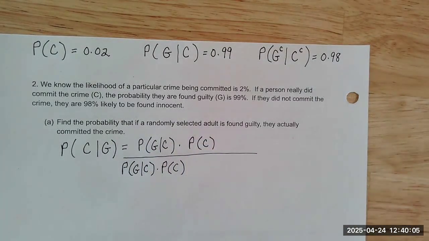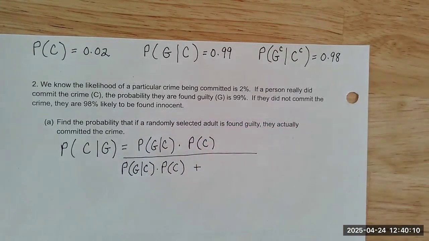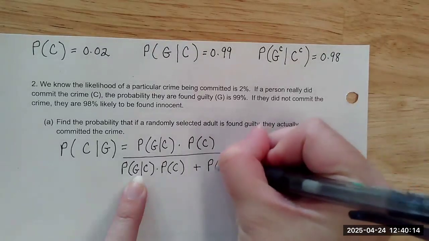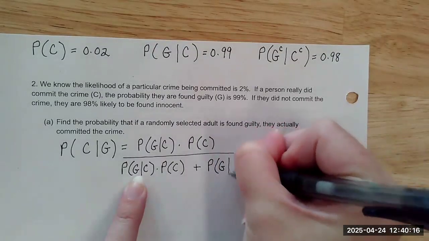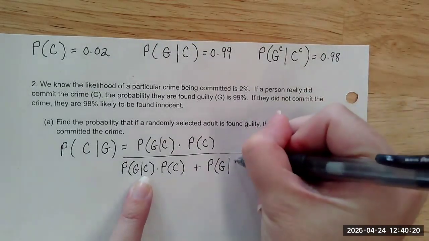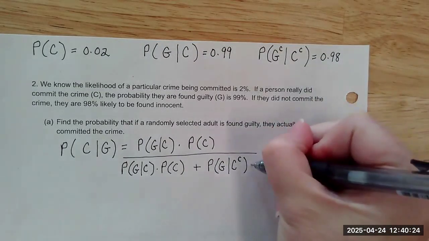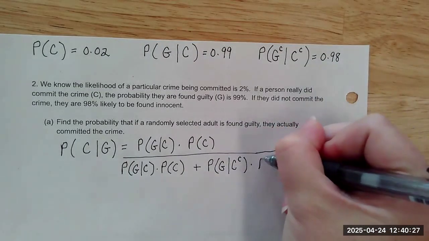So haven't done any thinking yet. All right, now I need a plus sign. And then we're going to do probability of G again. We're going to write probability of G, but then after the given bar, we're going to put C complement. Okay. And then we always do times the probability of the second thing.